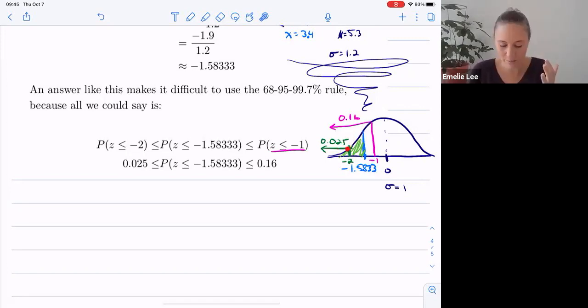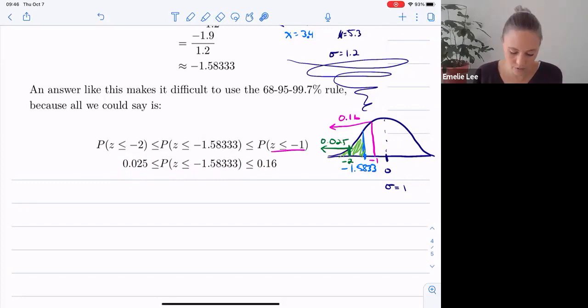Notice that because we've got the slope, we can't just take the average, because the area under the curve doesn't increase or decrease that way. So the probability of Z being less than or equal to -1.5833 is somewhere between 0.025 and 0.16.